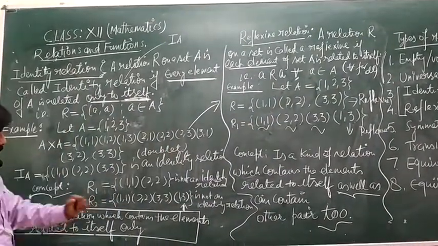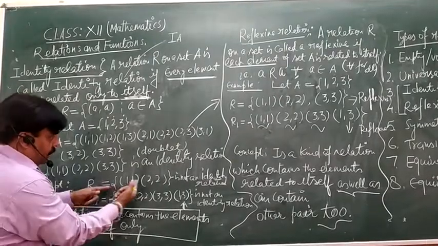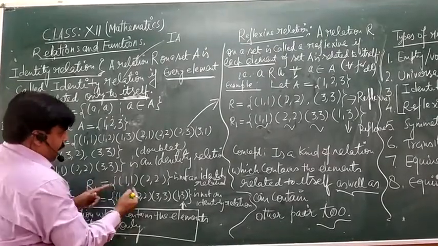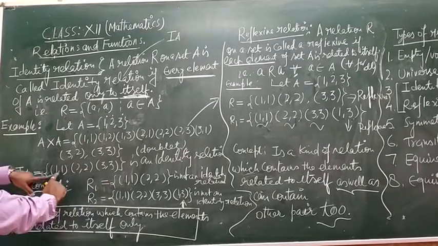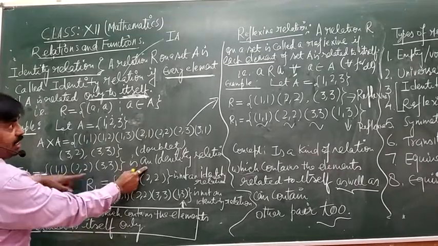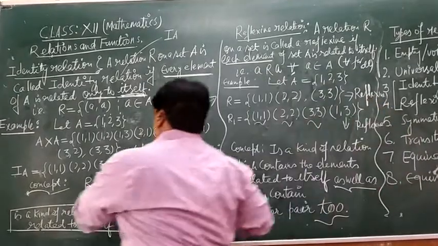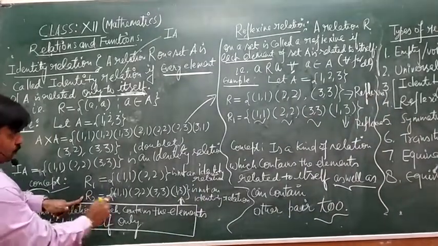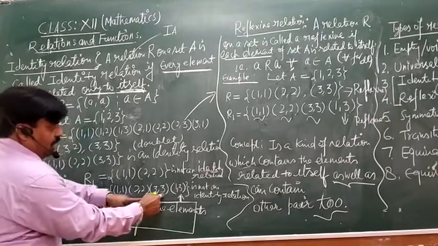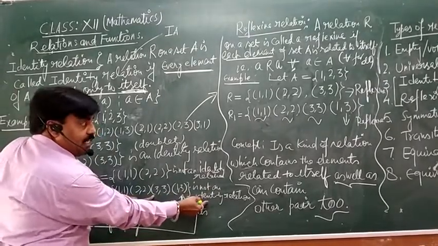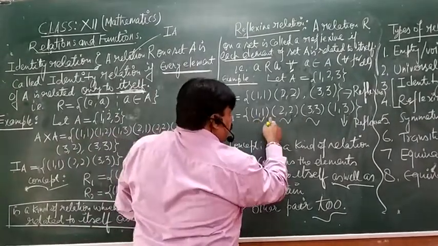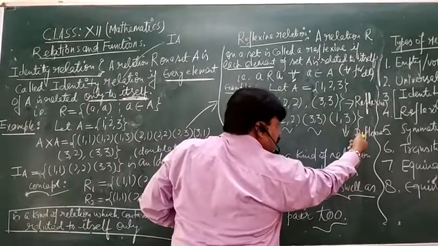So the difference is here only. Look here again to understand. To become an identity relation: see, 1, 1, 2, 2, 3, 3 is an identity, and we also say it is reflexive. Here is R2: 1, 1, 2, 2, 3, 3, 1, 3. We are saying this is not an identity relation. But here, 1, 1, 2, 2, 3, 3, 1, 1, we are saying this is reflexive.